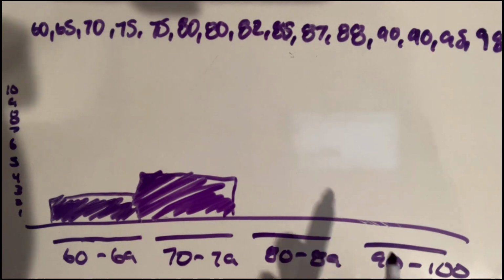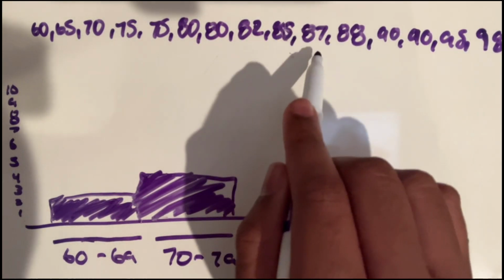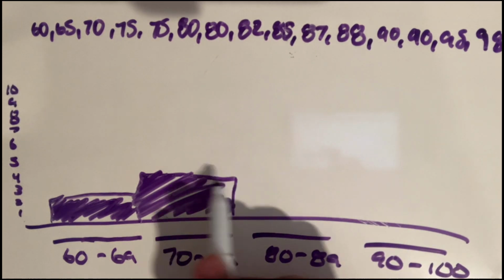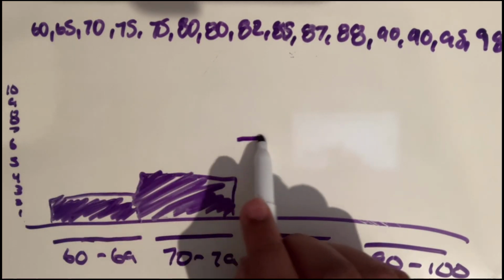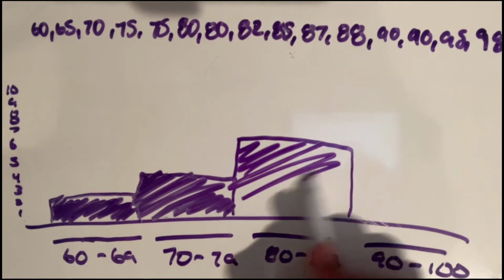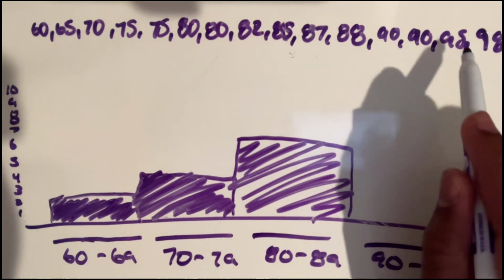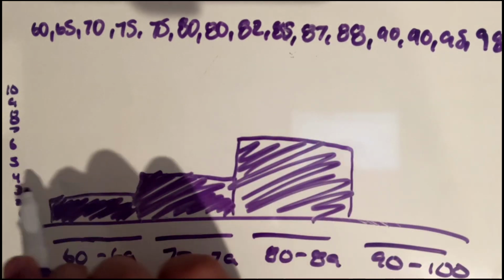Okay, 80 to 89, we have 1, 2, 3, 4, 5, 6. Dot up to 6, which should be right there. So 90 to 100. 1, 2, 3, 4. It'll be right here.